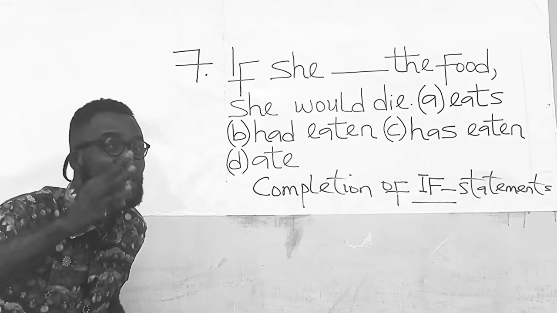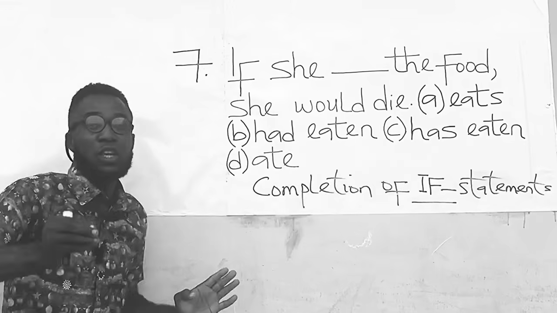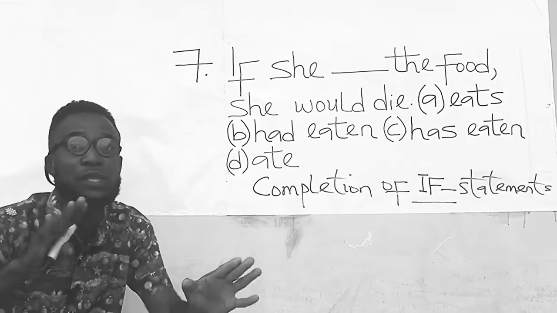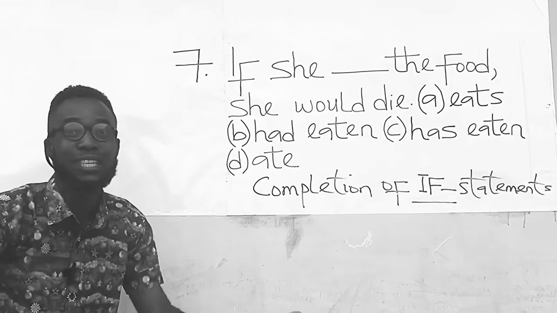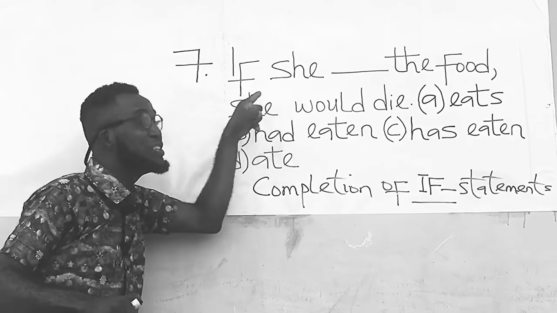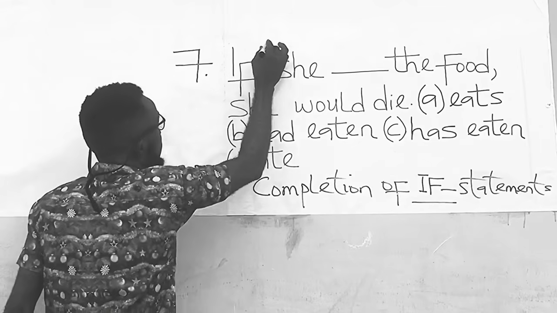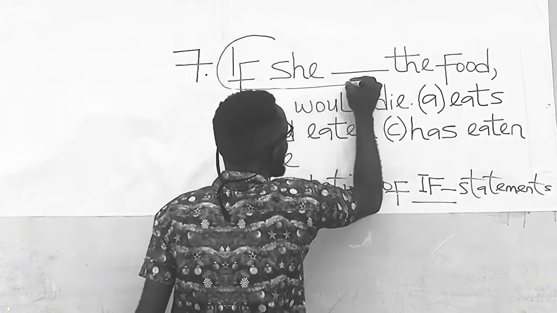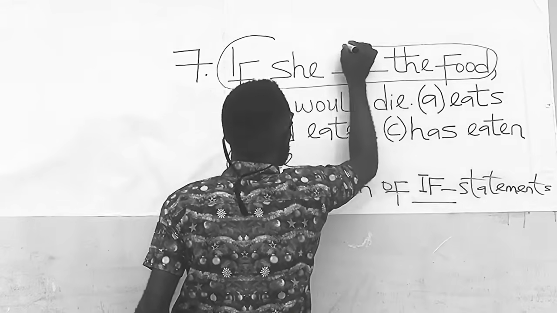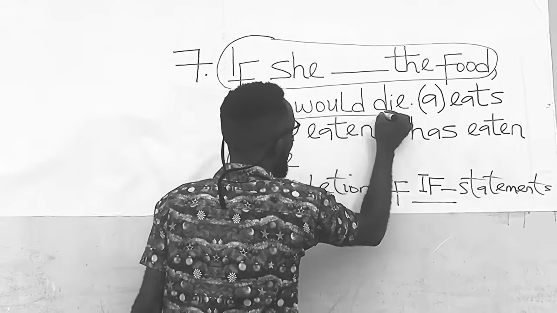Whenever you are faced with a question under completion of if statements, the first thing you are expected to do is divide the statement into two parts. So if I divide this statement into two parts, I will have the first part, if she dashed the food, and the second part, she would die.